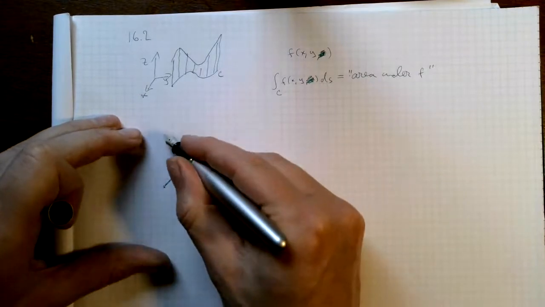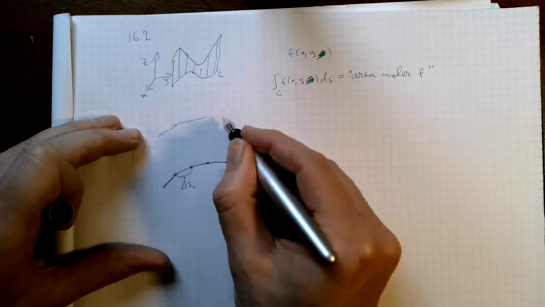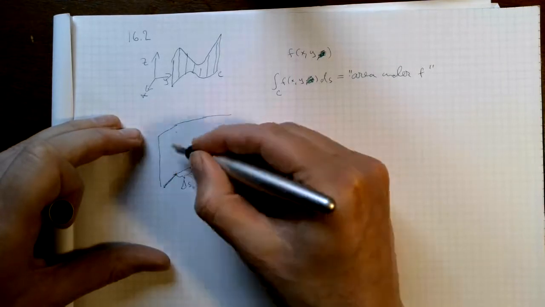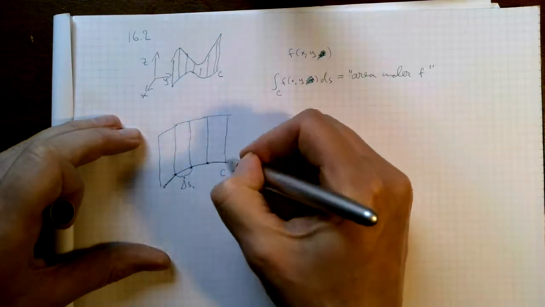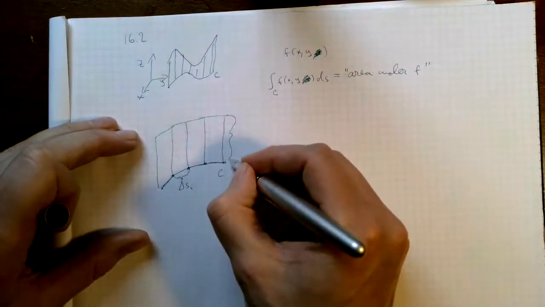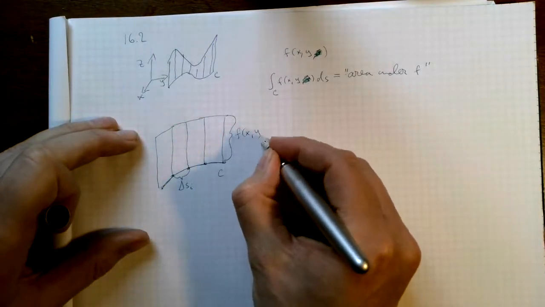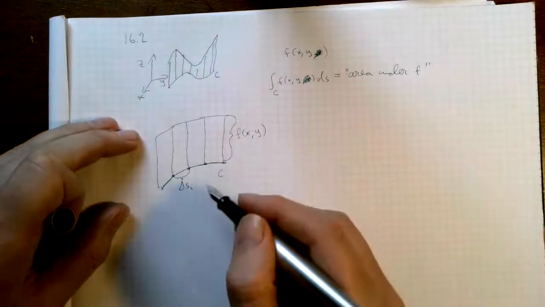And then above each, the fence goes like this, and I would put up wooden planks with height f of x, y, right? This is the height of the fence.